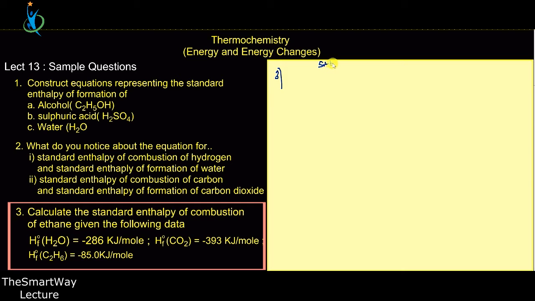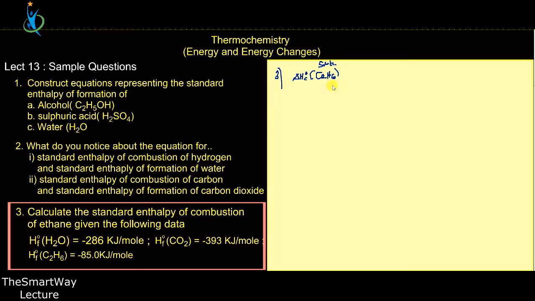The problem is, they say calculate the standard enthalpy of combustion of ethane. Ethane is a 2-carbon compound with 6 hydrogens. We did organic chemistry, and by this time you should know ethane.